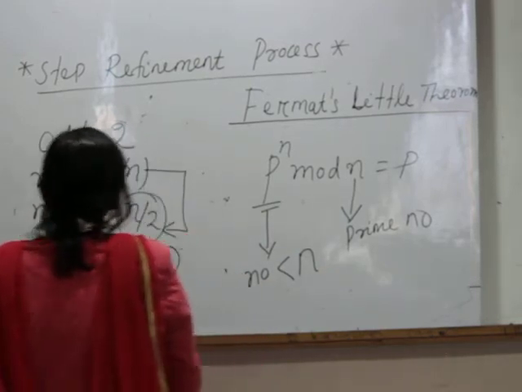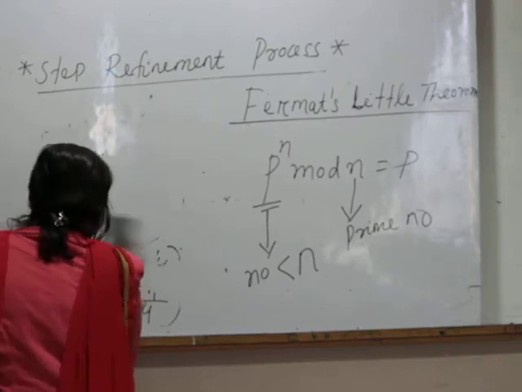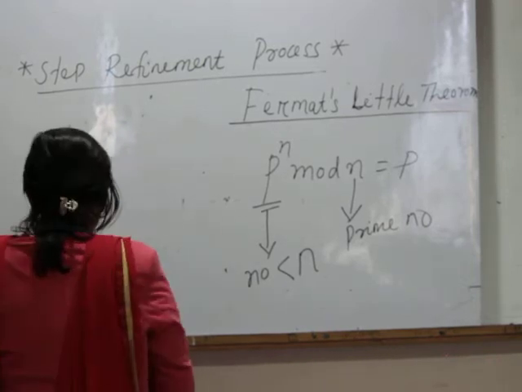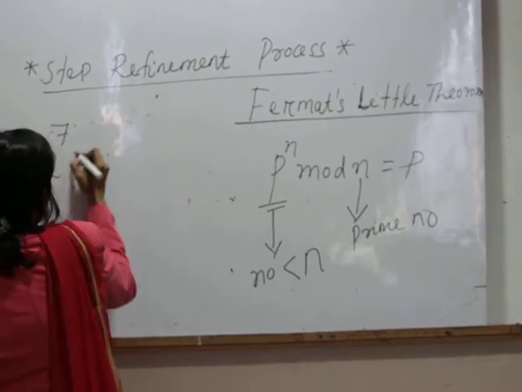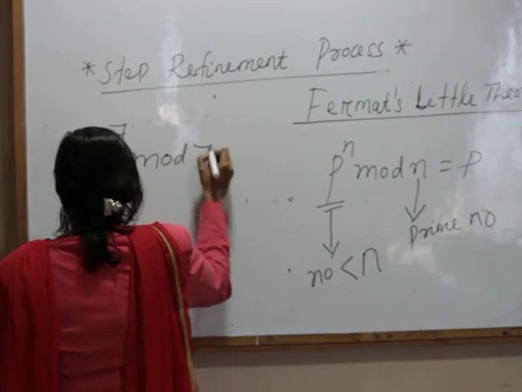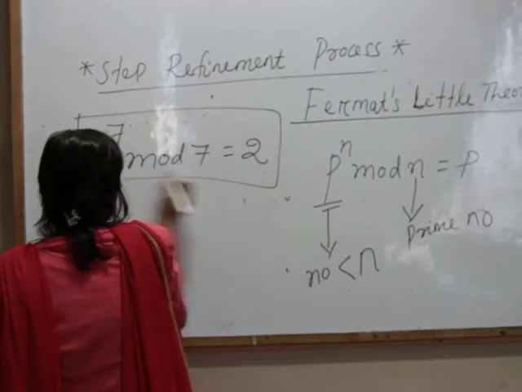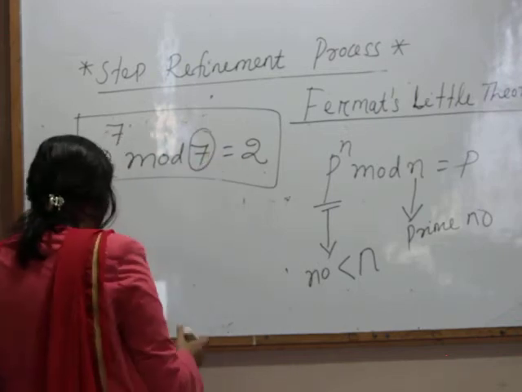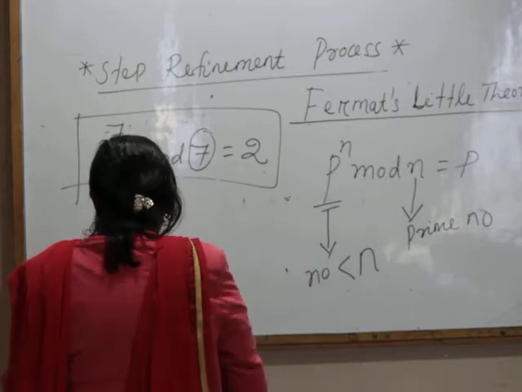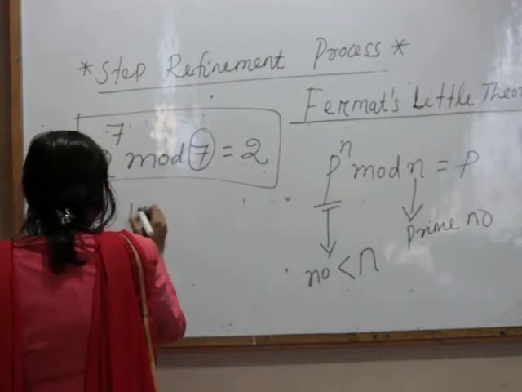So we'll go for an example and prove whether it is correct or not. Take 2 to the power 7 mod 7 is equal to 2 or not, that we have to prove. Here n is 7 and we have taken the p value as 2, which is less than n. So 2 to the power 7 is 128.